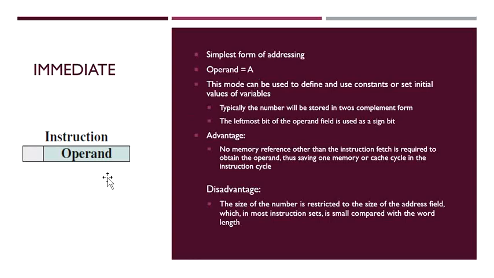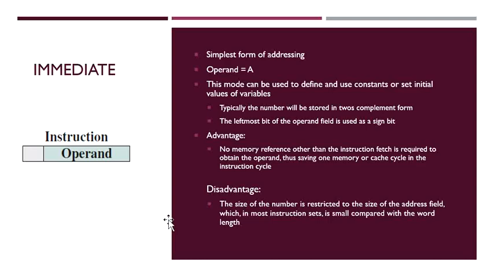For example, if the instruction is load 100, it means the numerical value 100 is contained inside the address field. 100 is the operand which resides inside the machine instruction. You can refer to the slide for the advantages and disadvantages of immediate addressing.